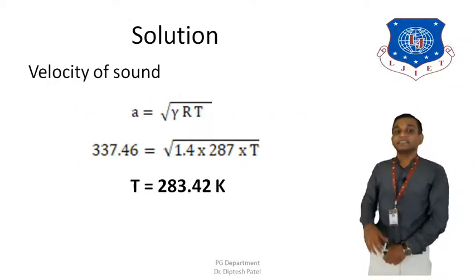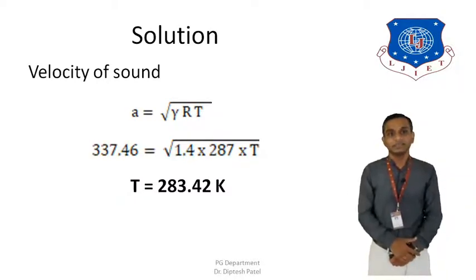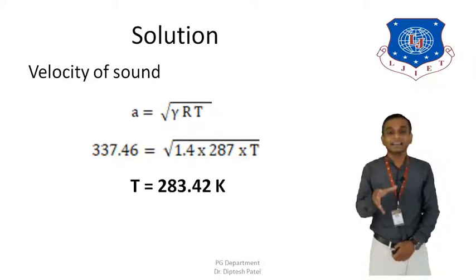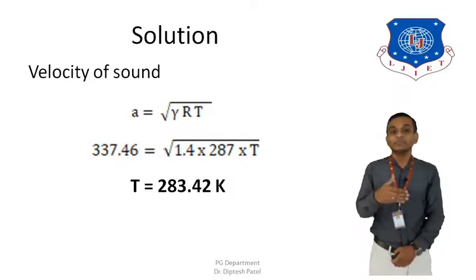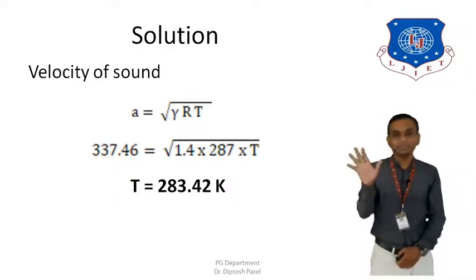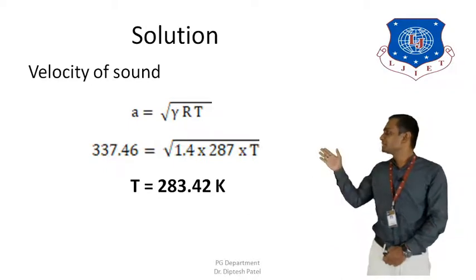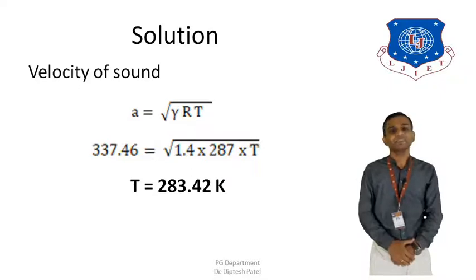Next, we are going to calculate the temperature at static conditions. We have the values of gamma, r, and the velocity of sound a, so we use the velocity of sound equation to calculate T, the temperature at static conditions. We know that a is equal to under root of gamma r T. A we just found out, which is 337.46, gamma is 1.4, and r is 287.